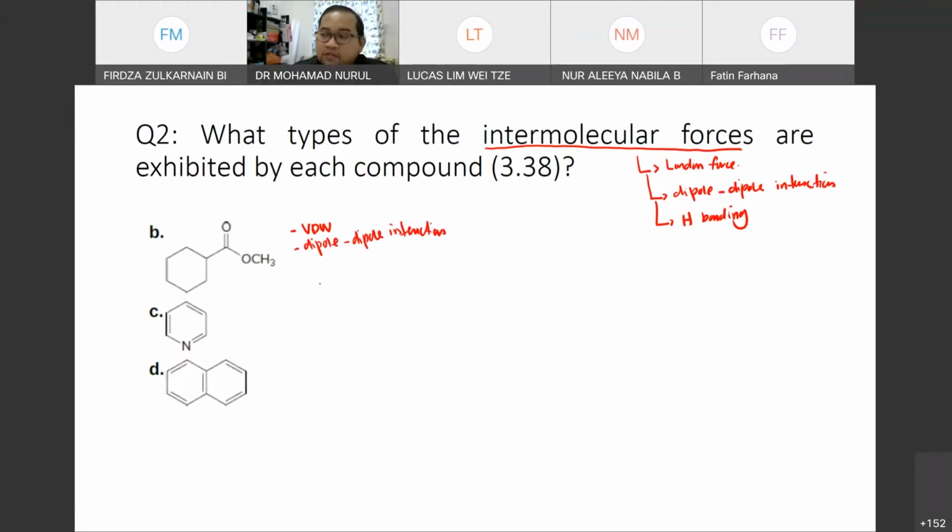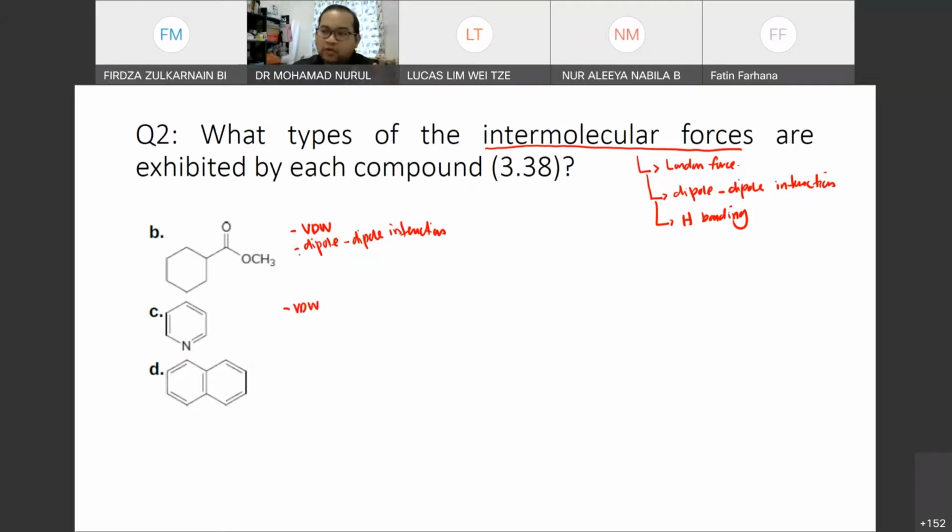For the second one, they have van der Waals. All compounds have van der Waals interaction because it is the weakest interaction. But you have to check whether the compound has heteroatoms or lone pairs of electrons.